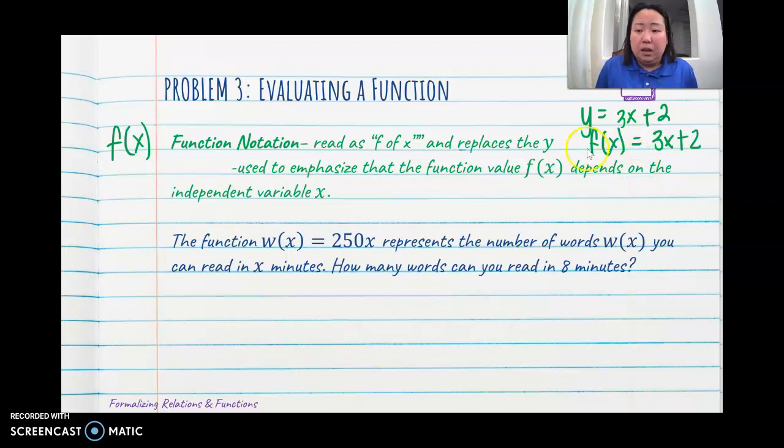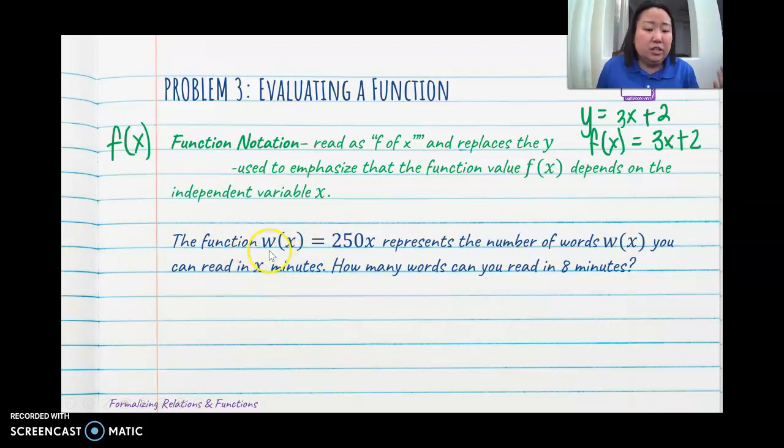Your function notation does not always have to be f of x or something like that. It just depends, typically when there is a defined name for the function and a defined input variable that is being used, okay? So, for example, in this case here, the function w of x, okay?